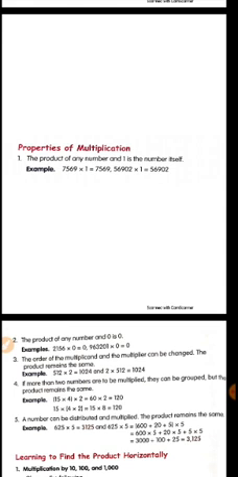Here an example is given: 7569 multiplied by 1 gives the product 7569. Next, 56,902 when multiplied by 1 gives us 56,902, which is the number itself, the multiplicand itself.